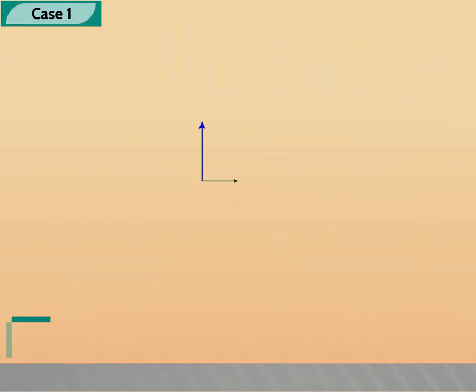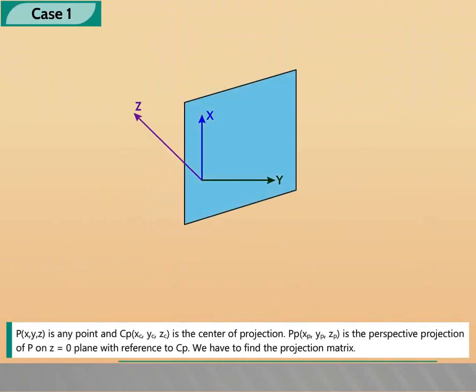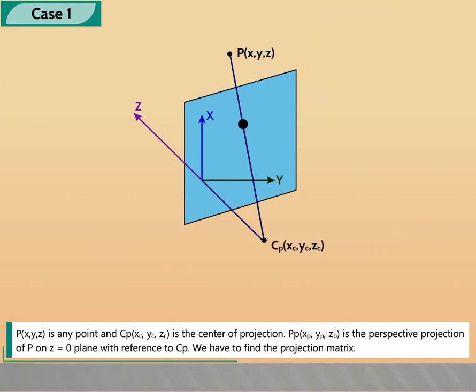Case 1. P of x, y, z is any point and Cp of xc, yc, zc is the center of projection. Pp of xp, yp, zp is a perspective projection of P on z is equal to 0 plane with reference to Cp. We have to find the projection matrix.